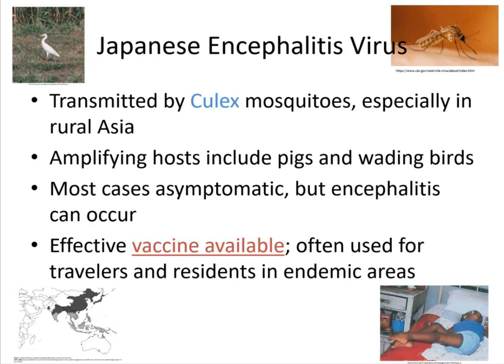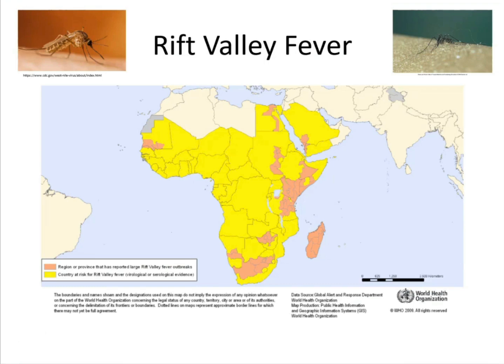All right. Then Rift Valley fever is one that we don't tend to deal with, but it's also a vector-borne virus. It can be transmitted by both Aedes and the Culex mosquitoes.